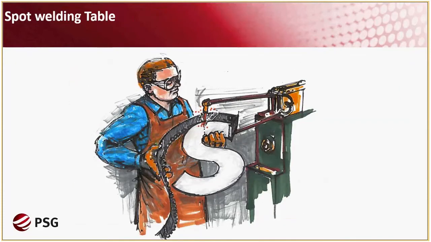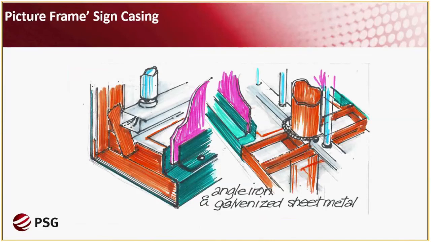This was a spot welding machine devoted exclusively to channel letters and small parts. This gives you an idea of how these letters or casings were made, how they were supposed to be made, and that was the rule.